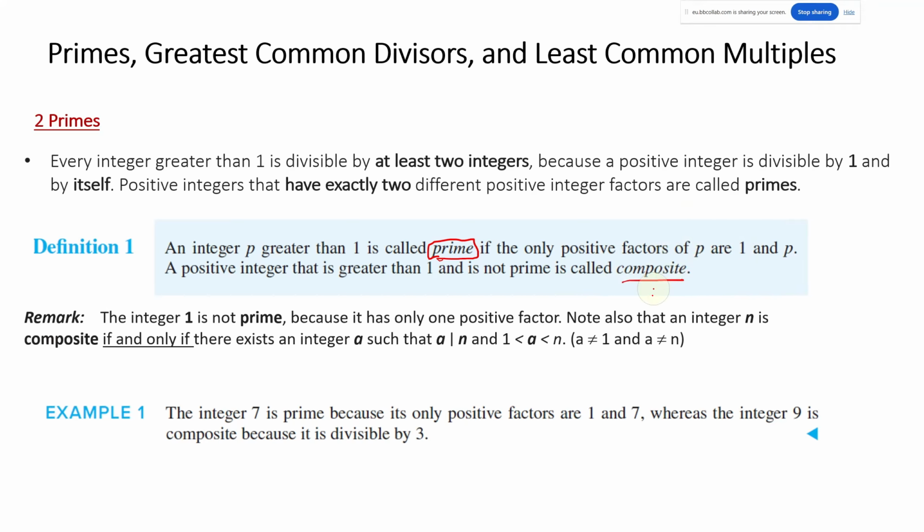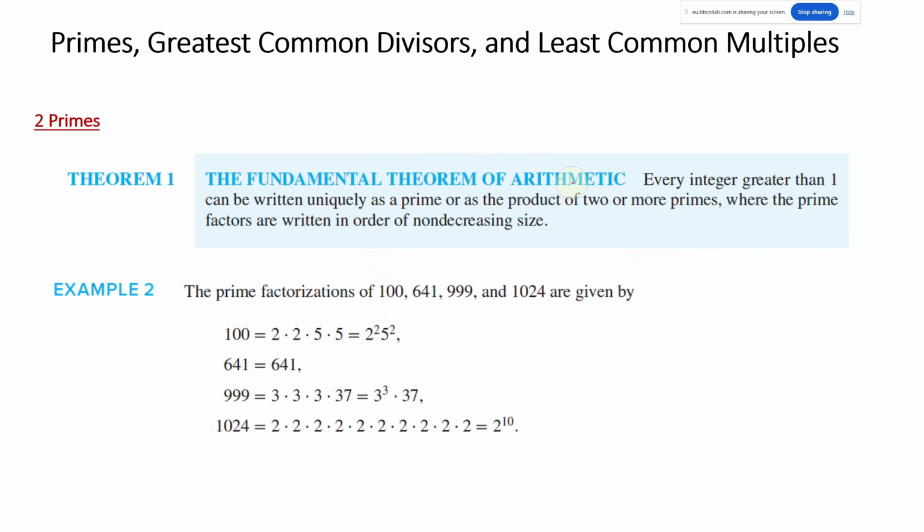And then we have the fundamental theorem of arithmetic, which says every integer greater than 1 can be written uniquely as a prime, or a product of 2 or more primes.